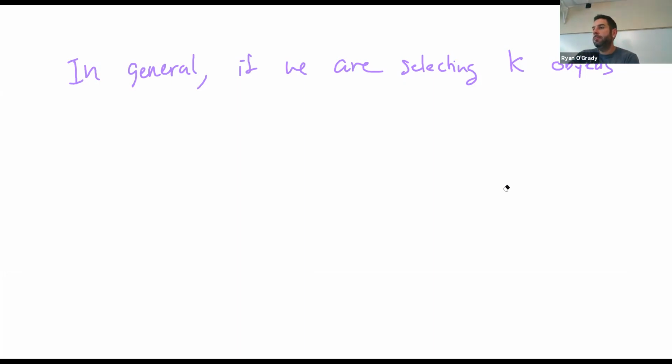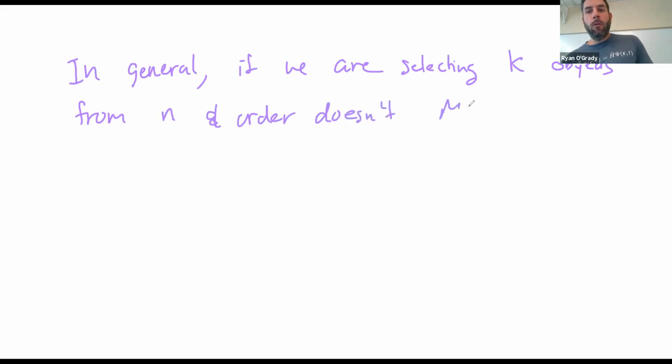K objects out of a number of N. Well, right, but how? Okay, let's just write it down first, and then you can maybe think about it. So in general, if we're selecting K objects from N and order doesn't matter, we have the following.